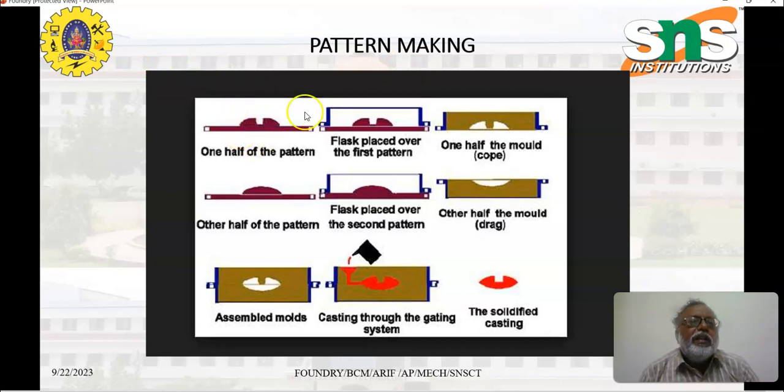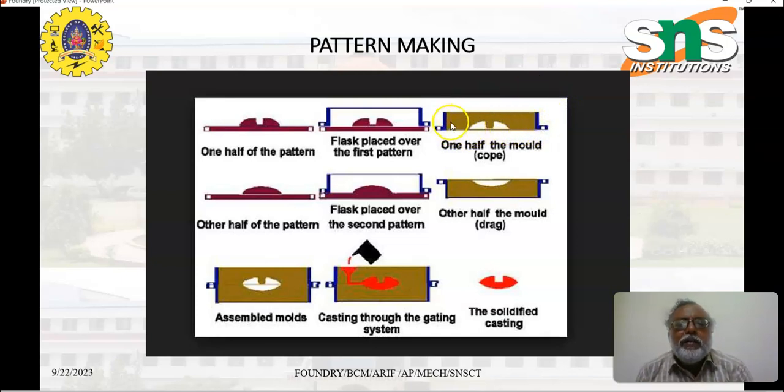And then the cover, that is called the drag, has been kept on the floor, which covers the pattern. Next, we have to fill the sand, that is called green sand, on the pattern.